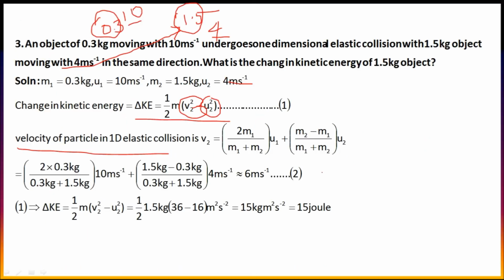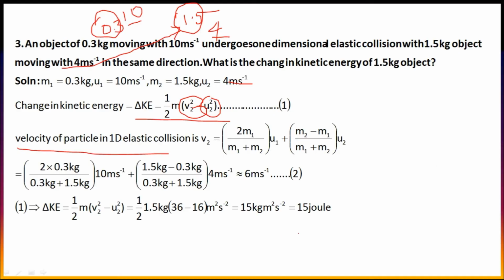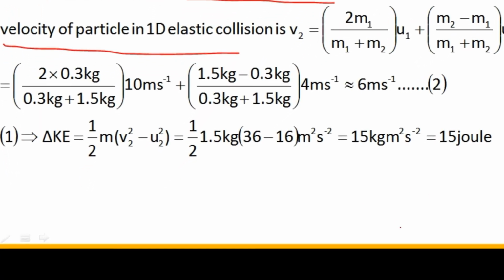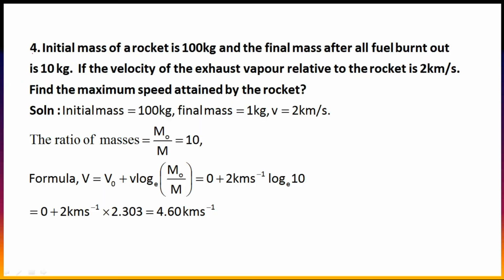It is the equation taken from the one-dimensional elastic collision. On substituting the values, we will get 6 meter per second. So the change in kinetic energy is half m into v2 square minus u2 square. Then we got the value of v2, 6 meter per second. On substituting the values, we'll get the value of 15 joule.